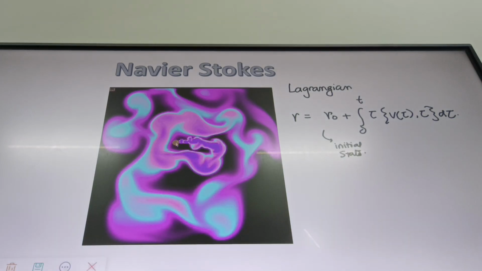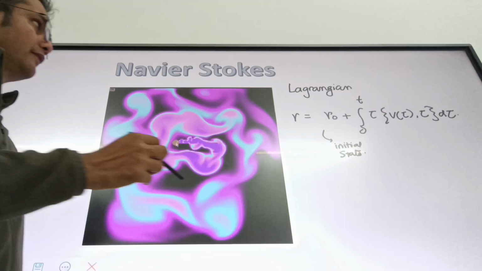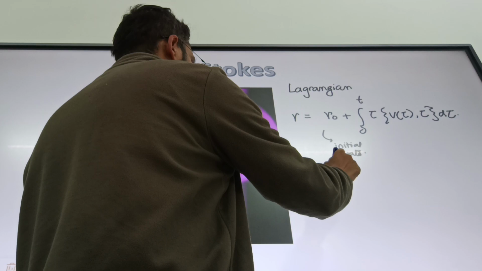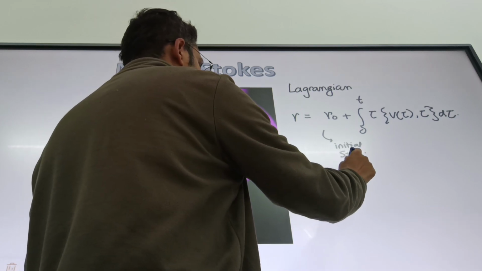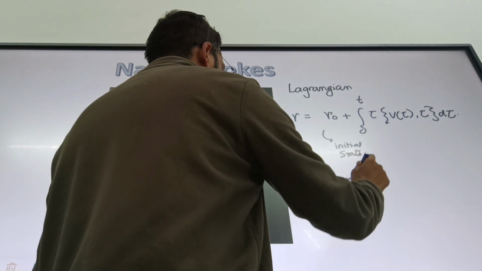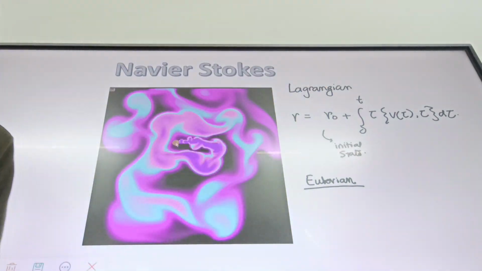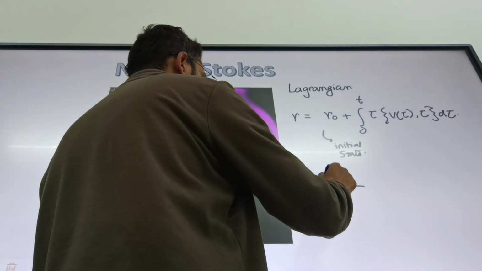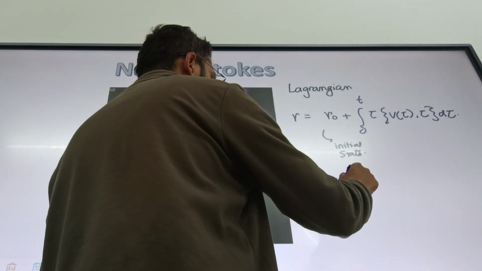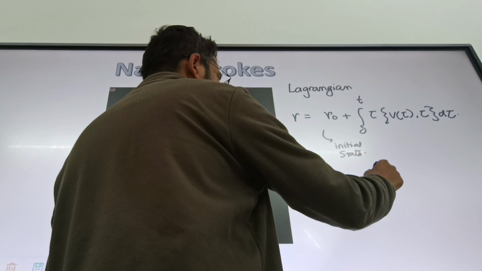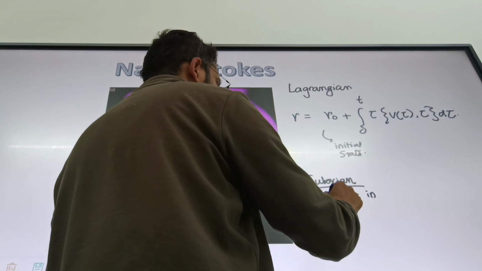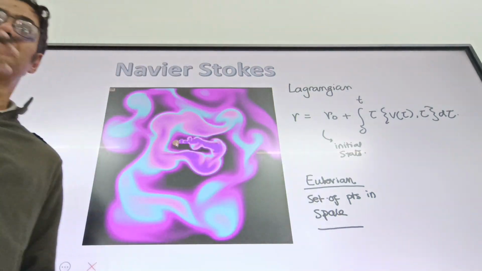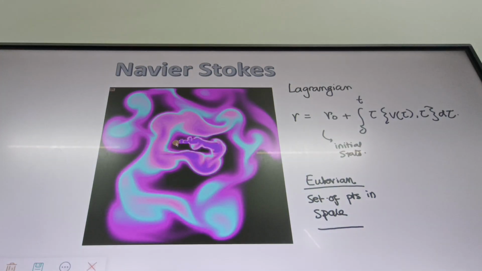When we are studying Navier Stokes equations, we follow the Euler concept, the Eulerian frame of reference, where there are a set of points in space, and we actually keep a track of the fluid passing through those points.